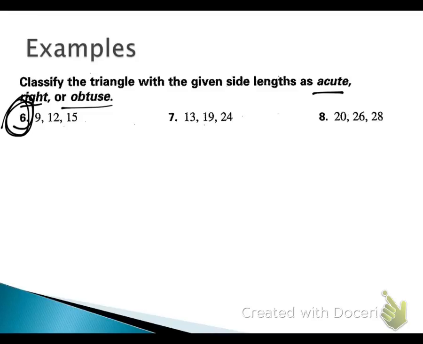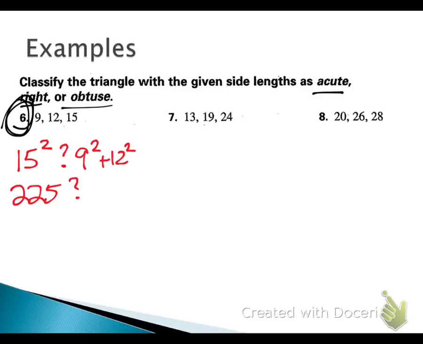Which one has to go first on number 6? 15. So 15 squared, question mark, 9 squared plus 12 squared. 15 squared. Anyone know it? 225.